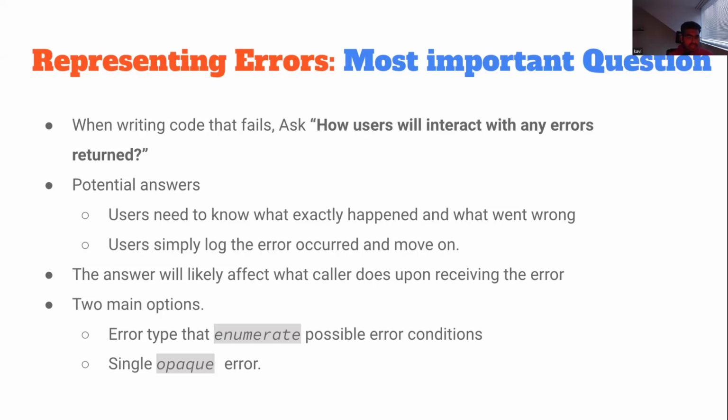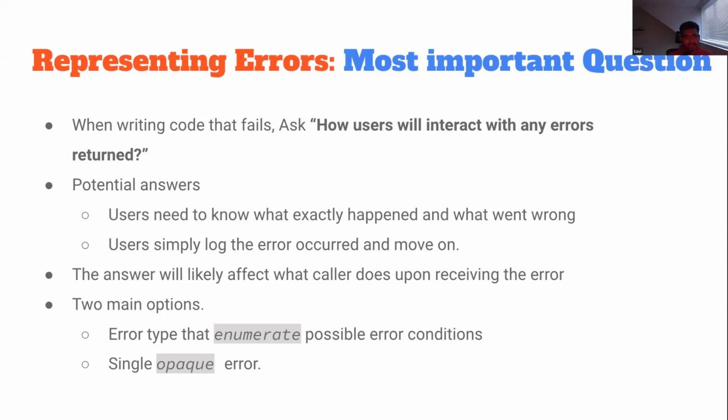Depending on what you choose, there are two categories here. One is the enumerated error, where you tell the user, okay, these are all the possible errors that can happen when you call this particular function, and these are the possible error types.